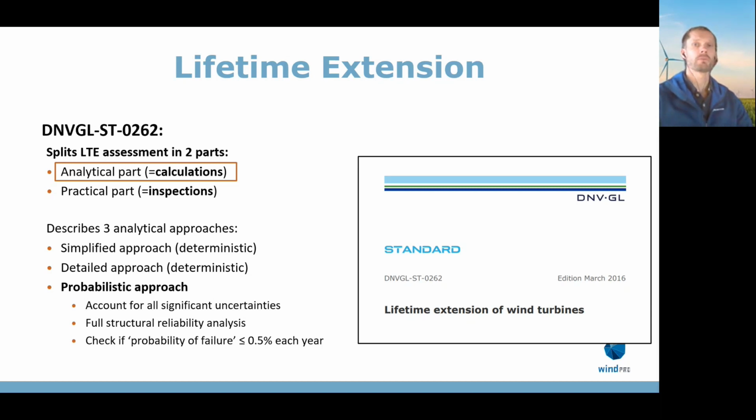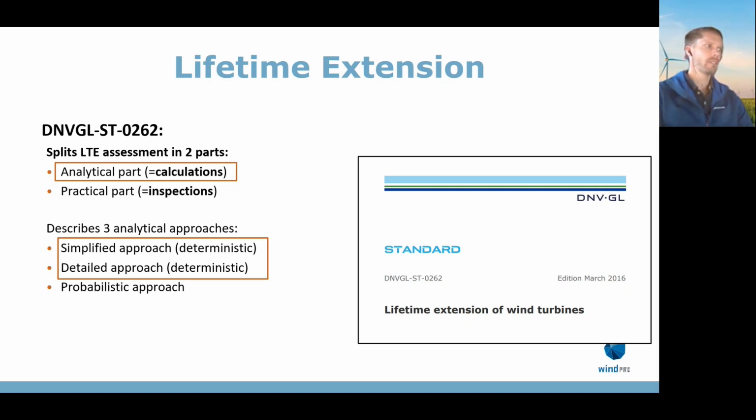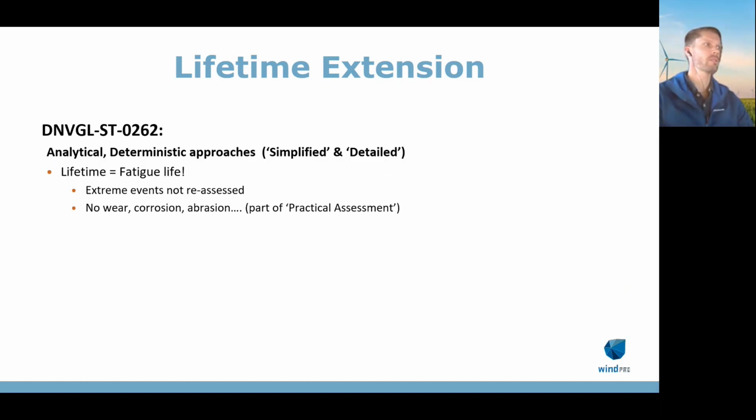So you could say the last year where the turbine is allowed to operate is the last year where this probability of failure is less than 0.5%. So we cover the simplified and the detailed approaches in load response.